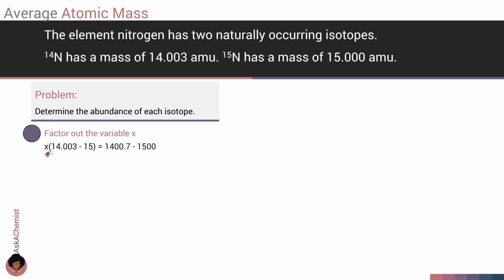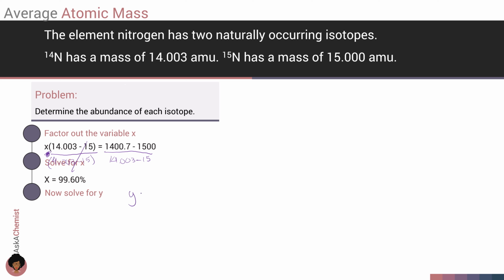The way that we do that is we just divide by 14.003 minus 15, and we have to divide both sides by this value. Once we do that, we should get that x is equal to 99.60%.